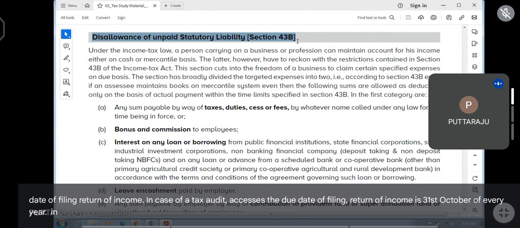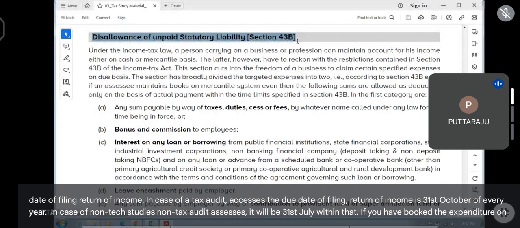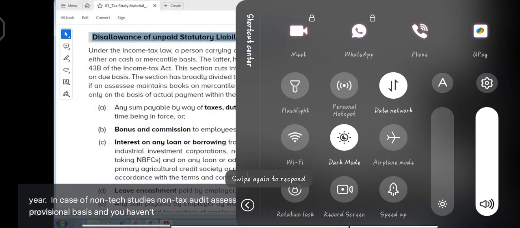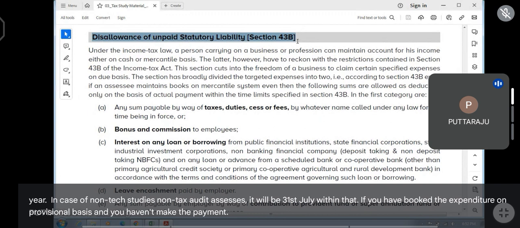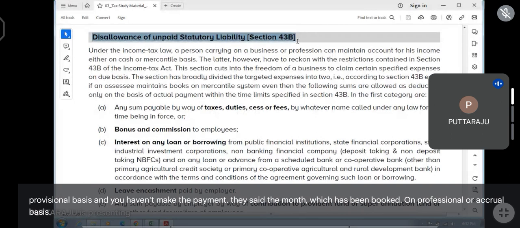In case of non-tax audit assessees, it will be 31st July. Within that, if you have booked the expenditure on a provisional basis and you haven't made the payment, the said amount which has been booked on a provisional or accrual basis shall be added back to the profit. This is what it says.